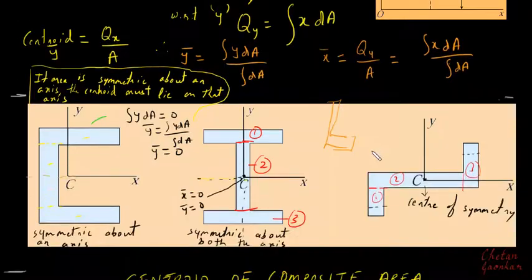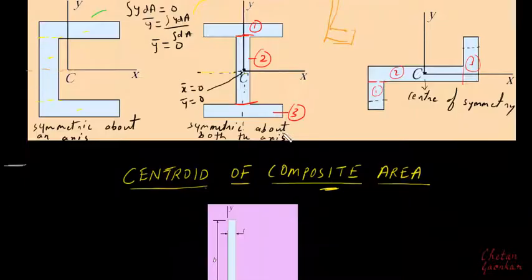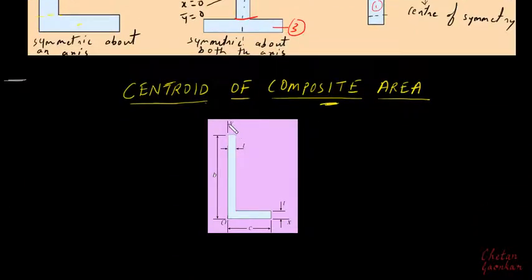Similarly for these sections the reference axes were here. Here in this problem the reference axis is situated right at the end of this area. This is the y-axis, and this is our x-axis. Fine. With respect to this axis we will try to locate the centroid of this area.